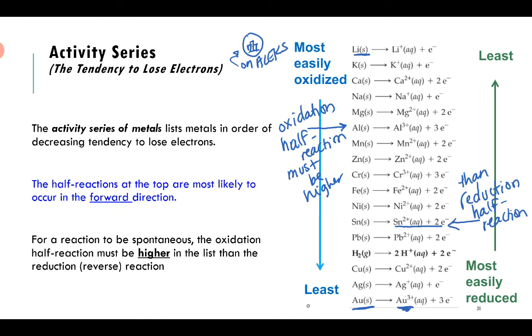We can't make gold neutral gain 3 electrons because then it would be a gold 3- anion. Instead, we have to add those 3 electrons to the gold 3+ ion and then turn it into gold neutral. So gold 3+ is the most easily reduced, and neutral lithium is the most easily oxidized.